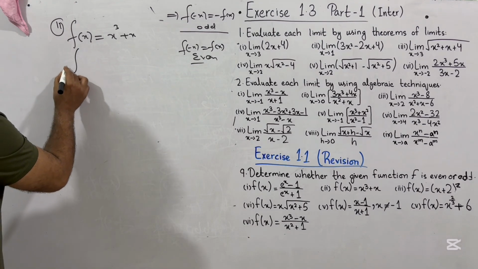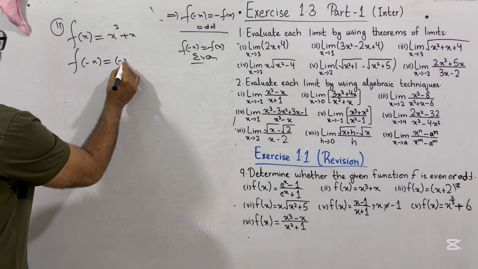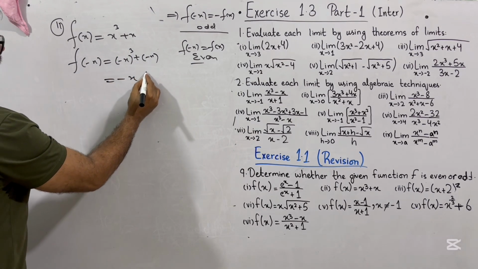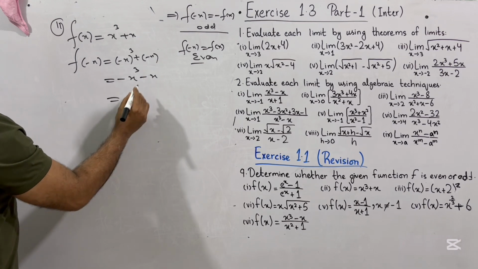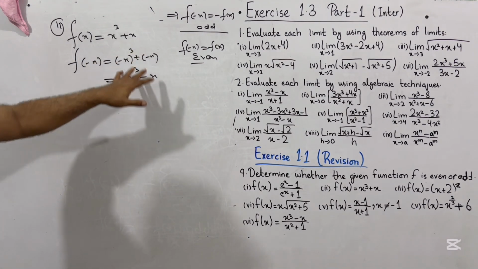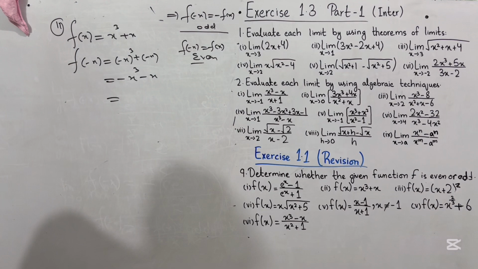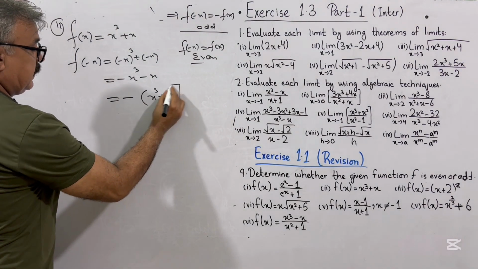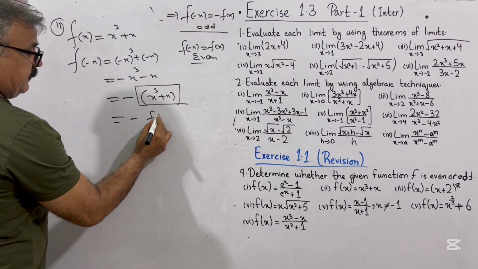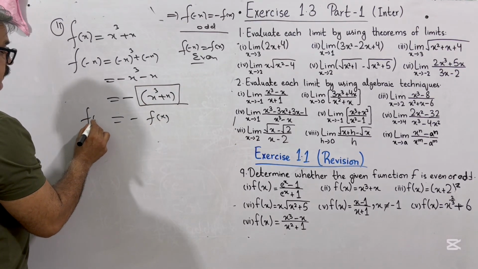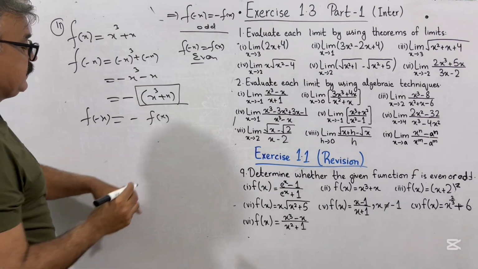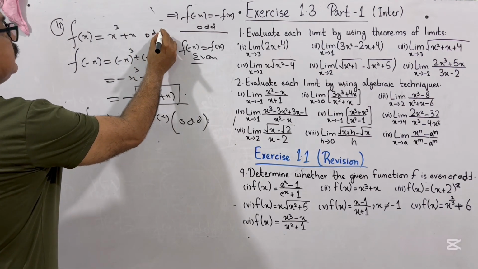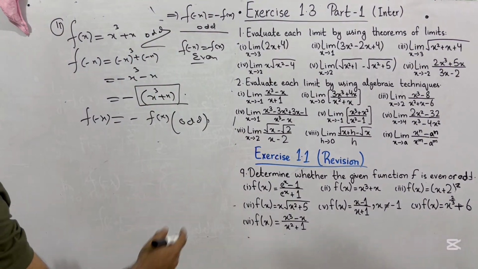Replace x by minus x. We have minus x raised cube minus x. Power is odd, minus retained, minus x cube. Taking a look at this, both terms are negative. It's enough for us to decide the function is odd. Or by definition, taking the negative symbol common, x cube plus x, that is the same function f of x with the inclusion of a negative symbol. So f of minus x is equal to negative f of x. It is the definition of an odd function. So this is our odd function.